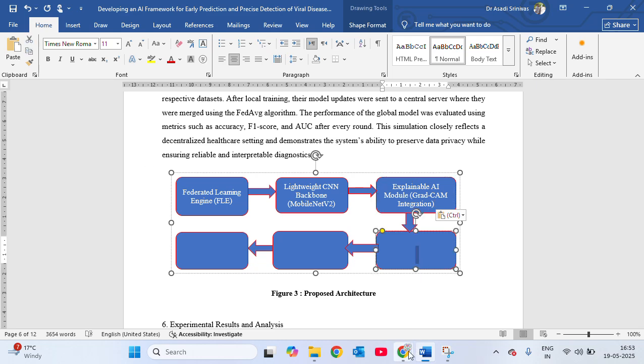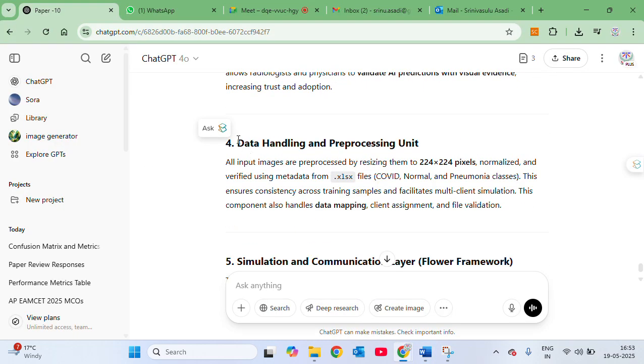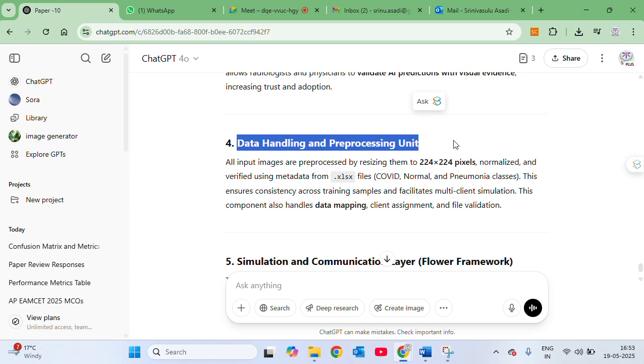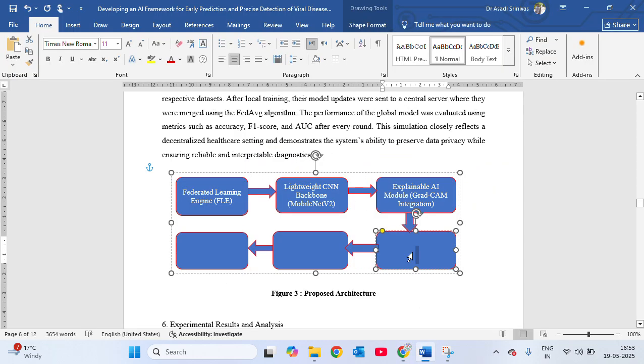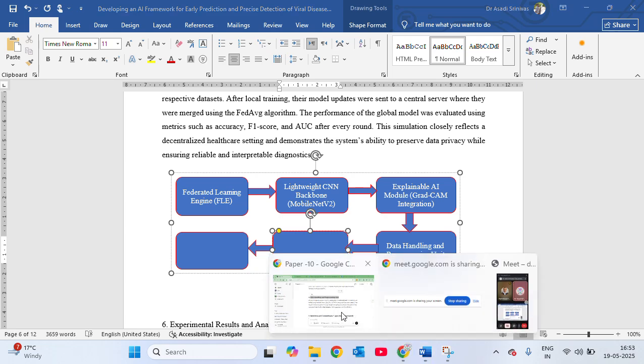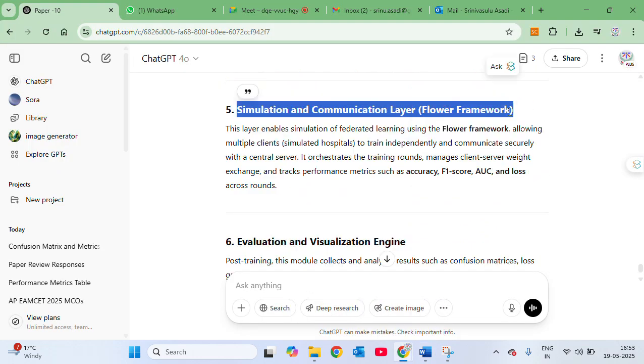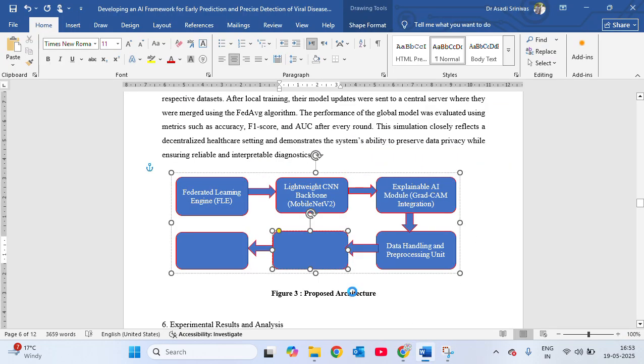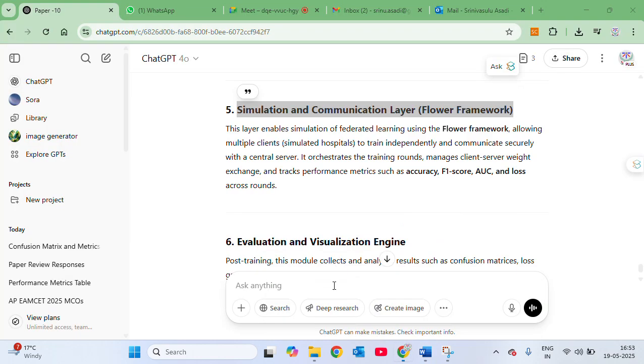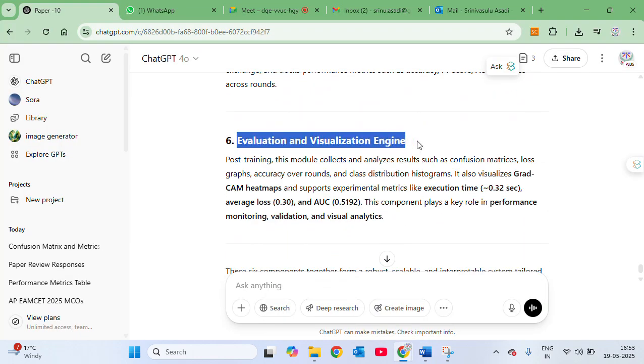Next, fourth one, data handling pre-processing unit. Next, fifth one, simulation and communication layer, Flower framework. Next, the last major component, evaluation and visualization engine.